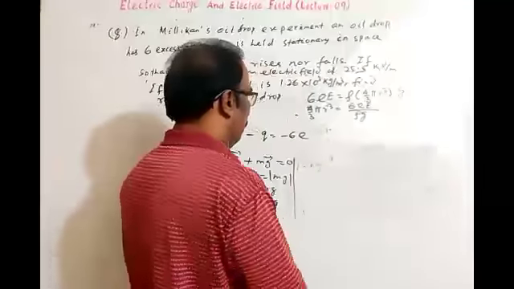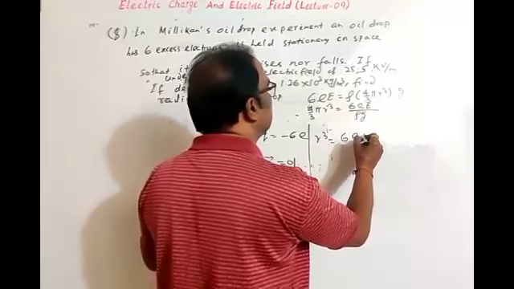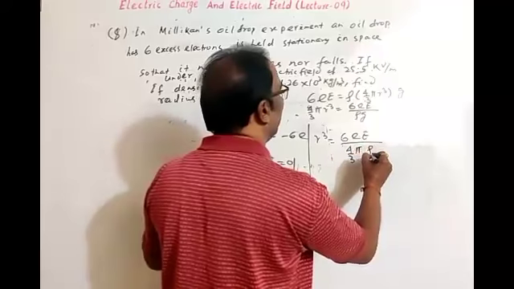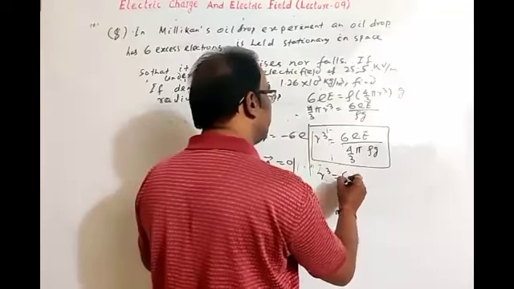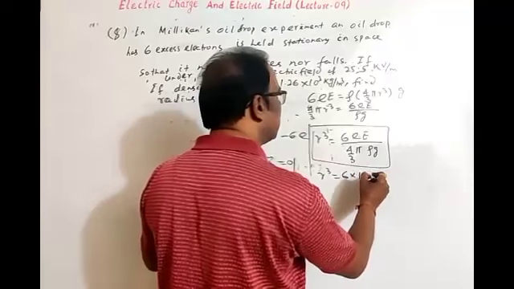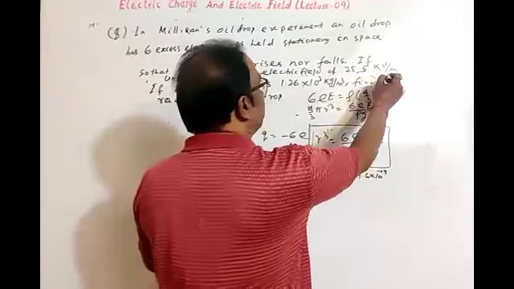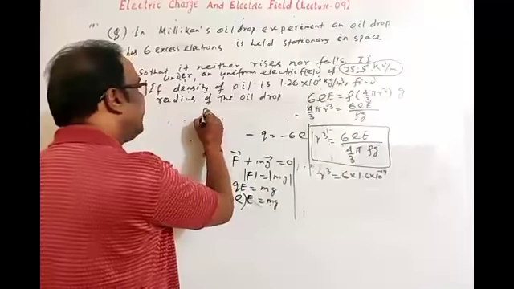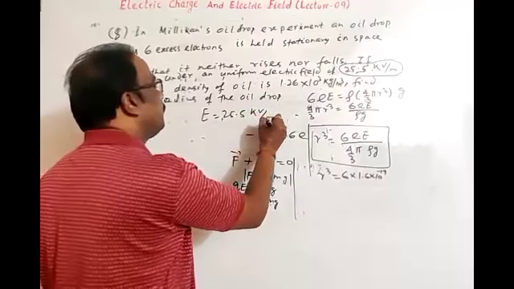Then r cube is equal to 6eE divided by 4 by 3 pi rho g. Then r cube is equal to 6, charge of electron 1.6 into 10 to the power minus 19 coulomb, and electric field. See students, the electric field is given as 25.5 kilovolt per meter.